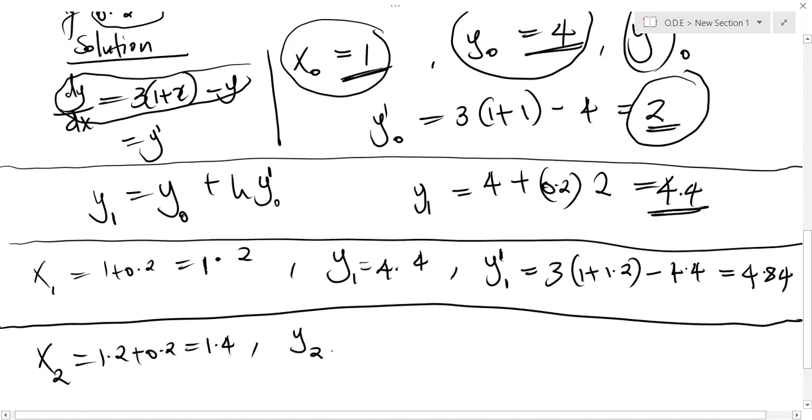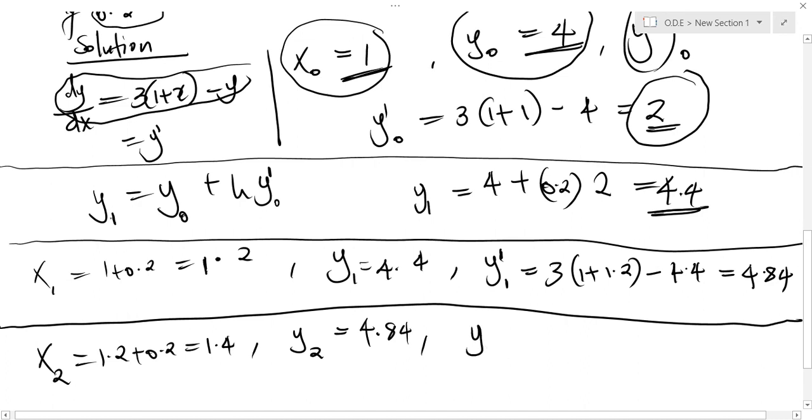So what is our y2? Our x2 is that, and our y2 will be what we got here, which is 4.84.